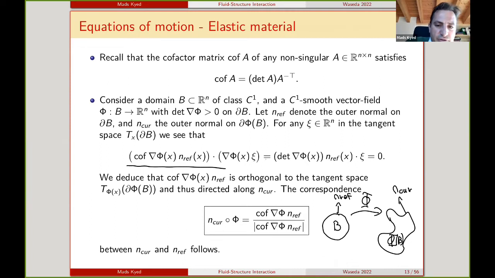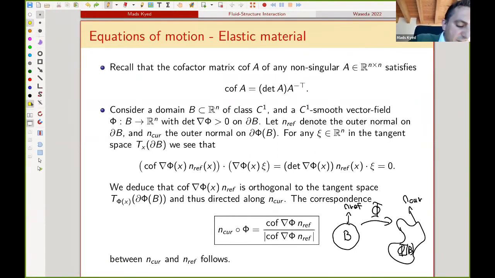We have a scalar product of the cofactor matrix of gradient phi times the normal n_ref, so the normal in the reference configuration, scalar product with gradient of phi times xi, where xi is a vector in the tangent space, so it's orthogonal to n_ref.